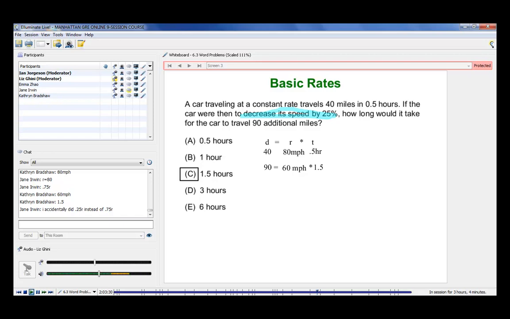Decrease its speed by 25%, slow down, and don't call it stupid. That's not kind to yourself, and it's not helpful. What you want to take away from this is what you should be doing differently. Slow down and read words more carefully in the translation.